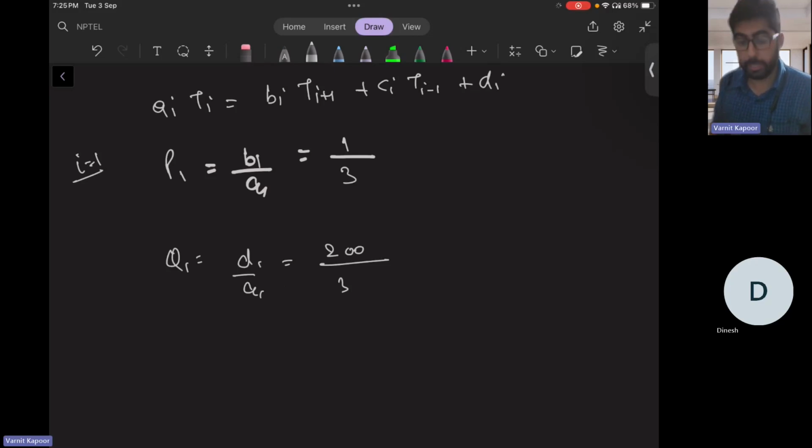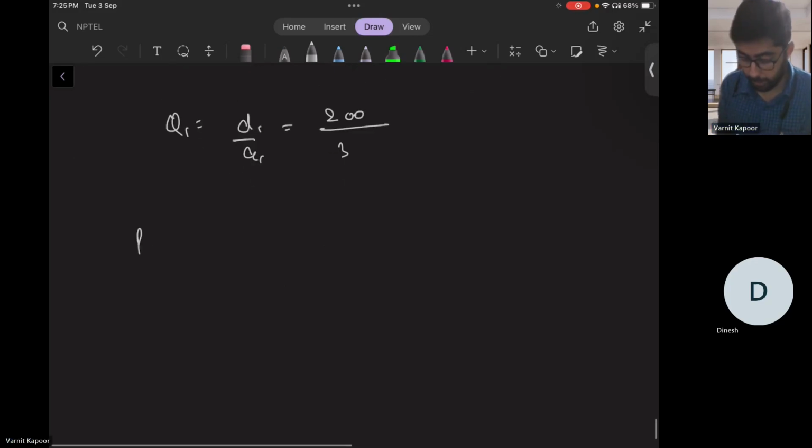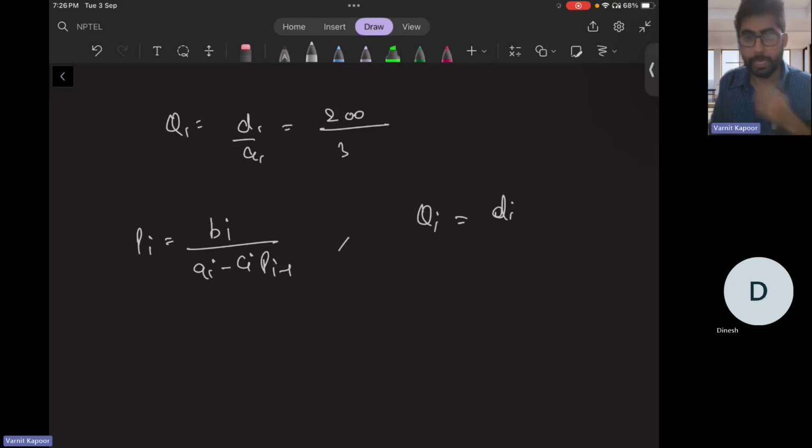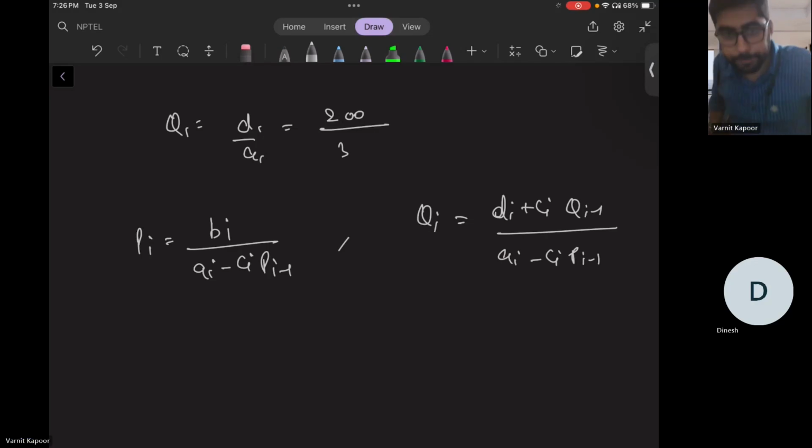Now, you know for the internal nodes, the values of Pi and Qi are written like this: Pi is Bi over Ai minus Ci Pi minus 1. And Qi is nothing but Di plus Ci Qi minus 1 upon Ai minus Ci Pi minus 1. Right?